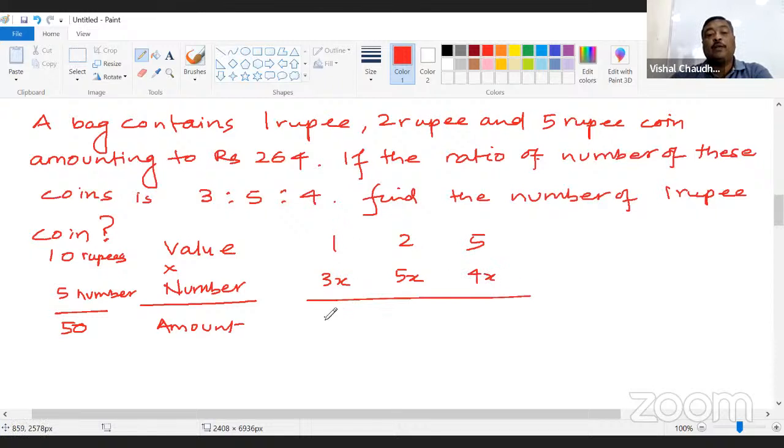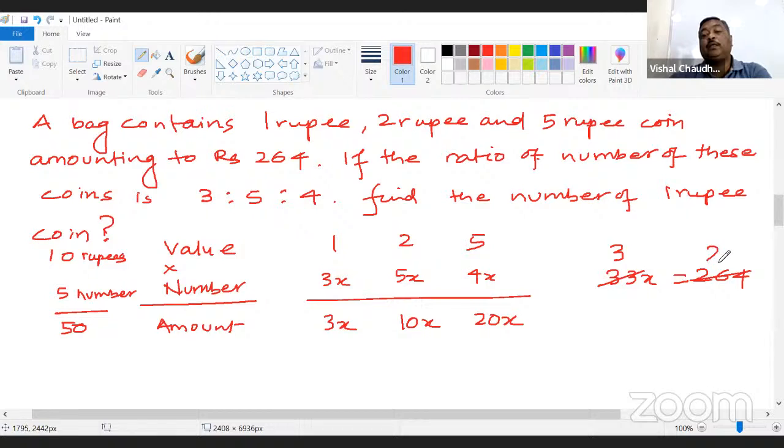So the amounts will be 3x, 10x and 20x. The sum total will be 33x, and this is equal to 264. 11 threes are 33, 11 twenty-fours are 264, so 3 eights are 24.